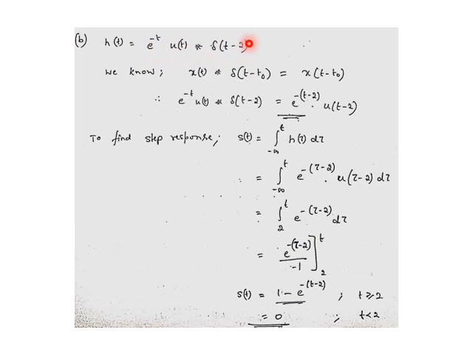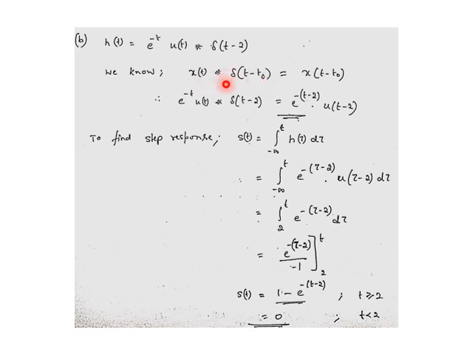As we know, the given function looks like a term x of t convolved with a delta function. Any term x of t convolved with the delta function, which looks like delta t minus t naught, a time-shifted delta, means that the time shift can be put into x of t.